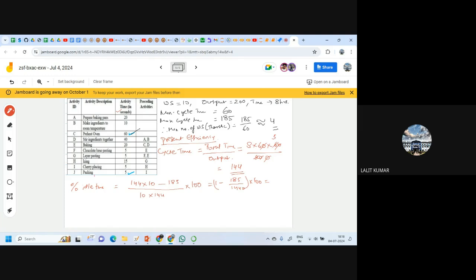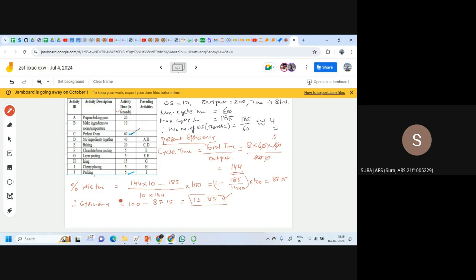Can somebody give me this calculation? 87.15. So therefore efficiency will become 100 minus 87.15, which is 12.5. So this is the efficiency.